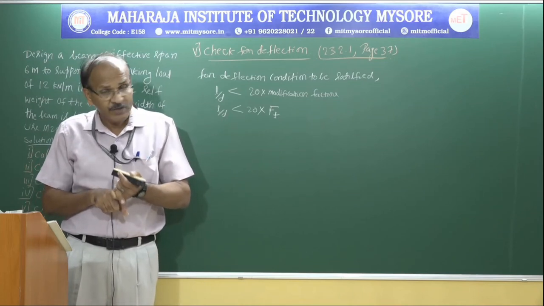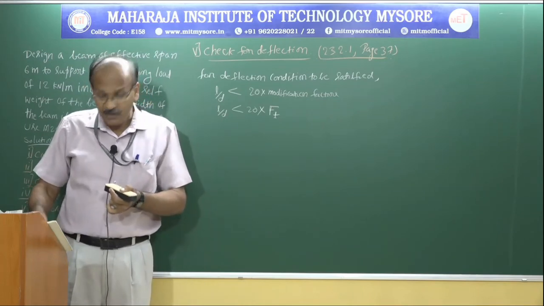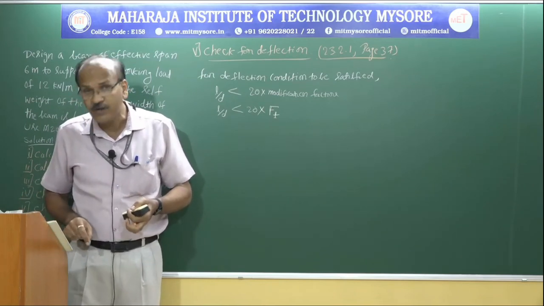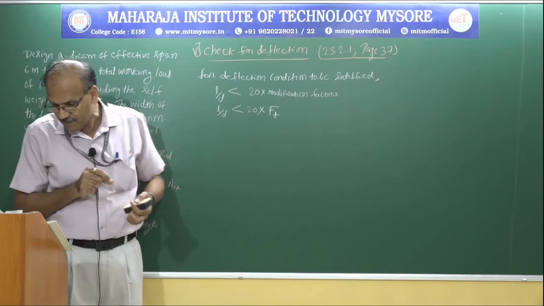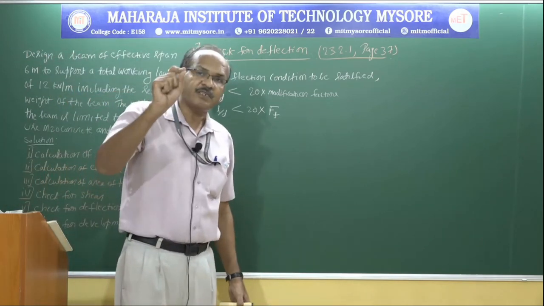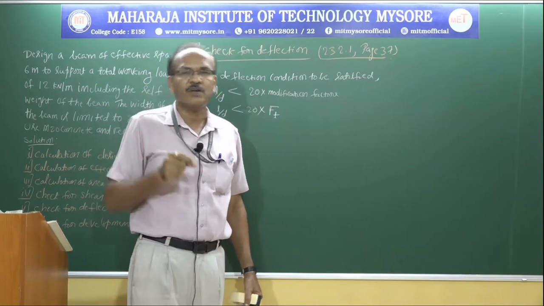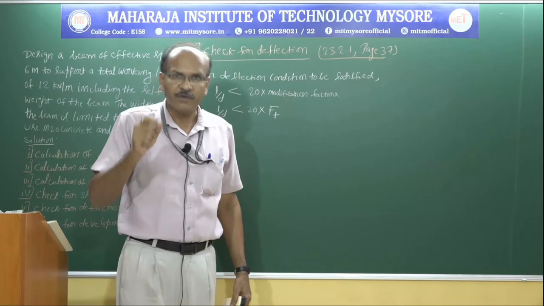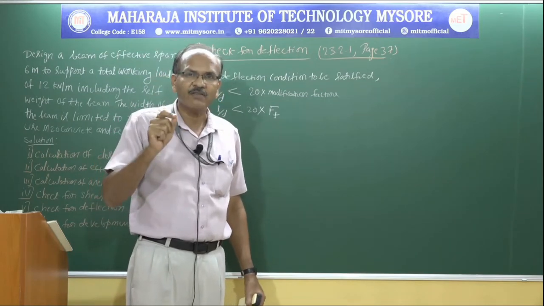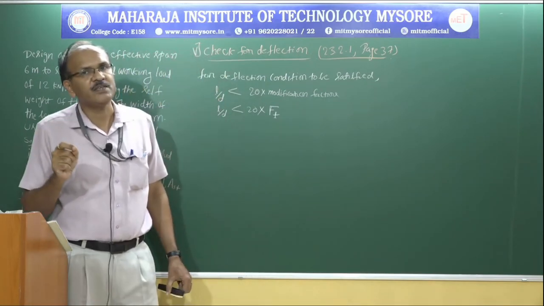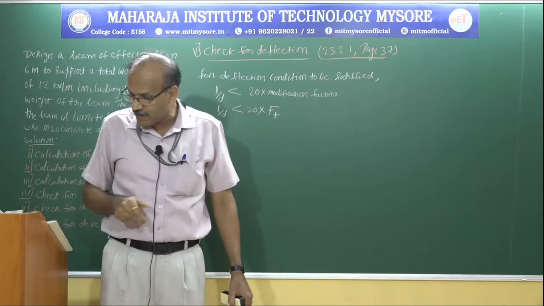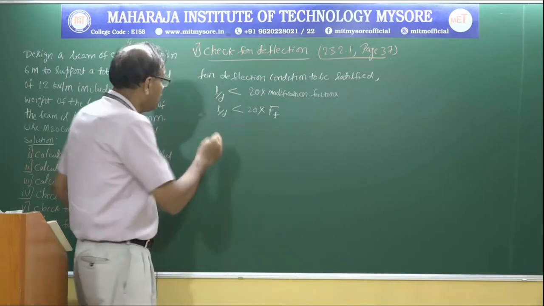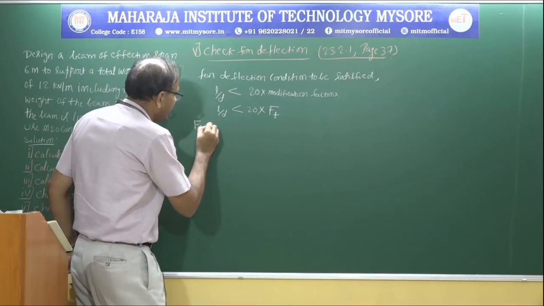To find Fs, just below the table there is a formula: Fs equal to 0.58 Fy multiplied by the area of cross section of tension steel required divided by the area of cross section of tension steel provided. From that we can get Fs. Once we have Fs and the percentage of tension reinforcement, from that graph we can get the modification factor Ft.